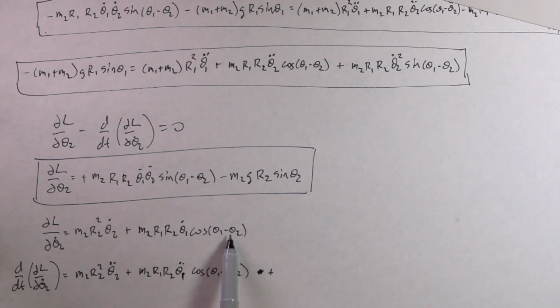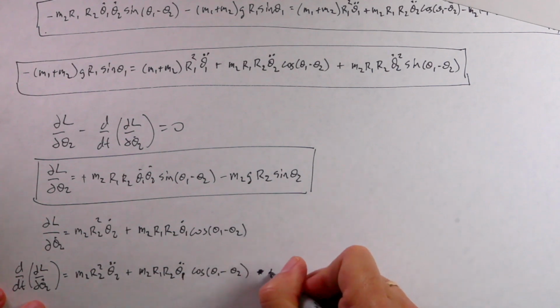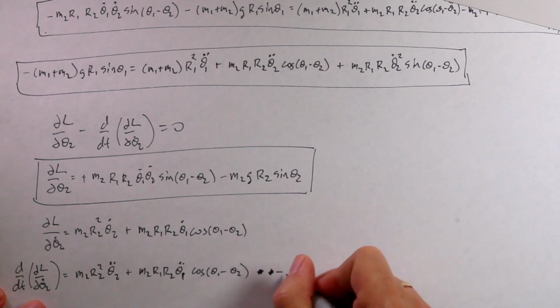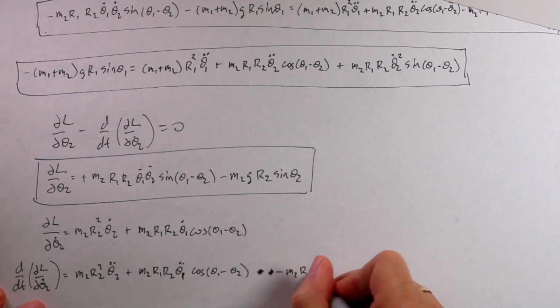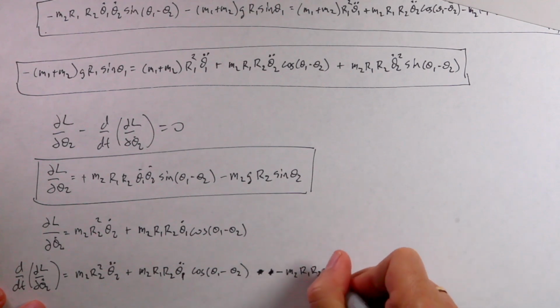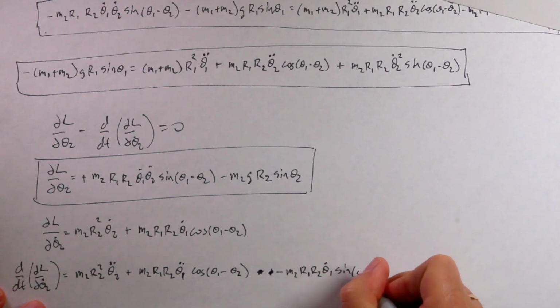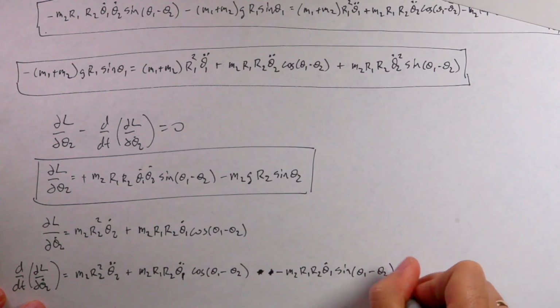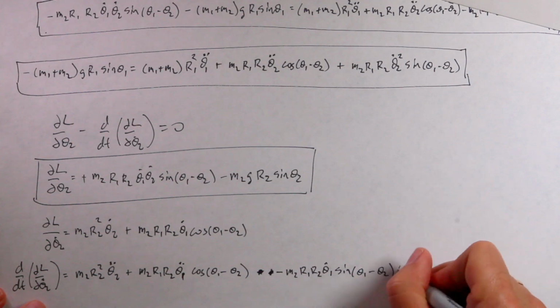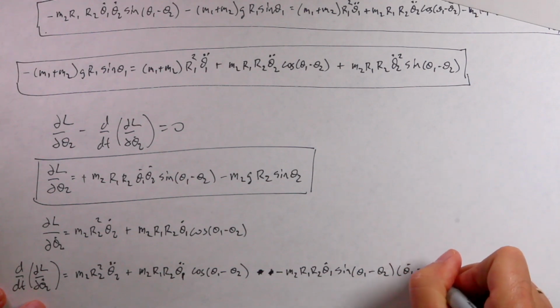Oh, wait. Let's just put this as minus. See, good thing I talked myself through it. Minus m2 r1 r2 theta 1 dot sine of theta 1 minus theta 2. And then I need to multiply by the derivative of the stuff inside, which is going to be theta 1 dot minus theta 2 dot.